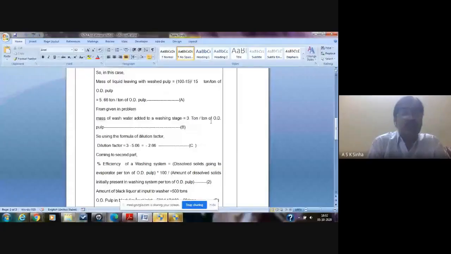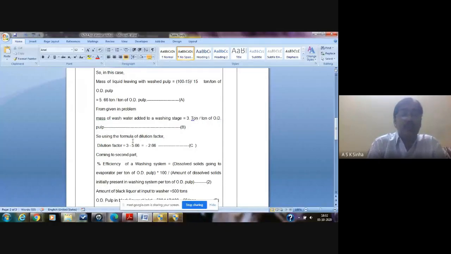This unit will be ton per ton of OD pulp, and this comes to 5.66 ton per ton of OD pulp. From the problem, the mass of water added to the washing stage is 3 ton per ton of OD pulp. That means for every ton of oven dry pulp washed in the system, we are adding 3 tons of wash water.